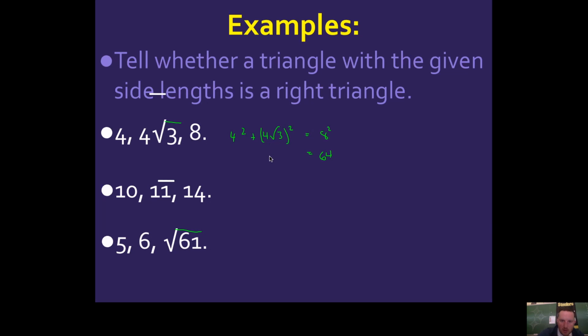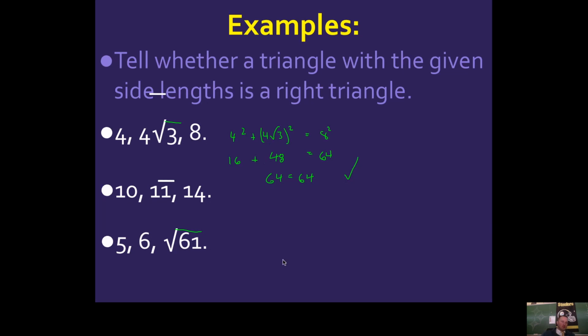Okay, so what happens when you square this, if I did it separately, I typed in 4 square roots of 3 and I got 6.928, then I squared it right after that and I got 48. 4 squared is 16. What is 16 plus 48? That gives you that same 64. Is this a right triangle? Definitely.